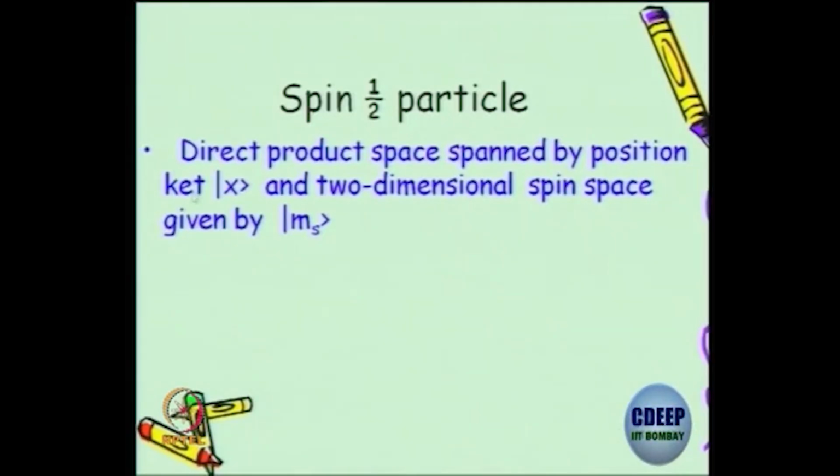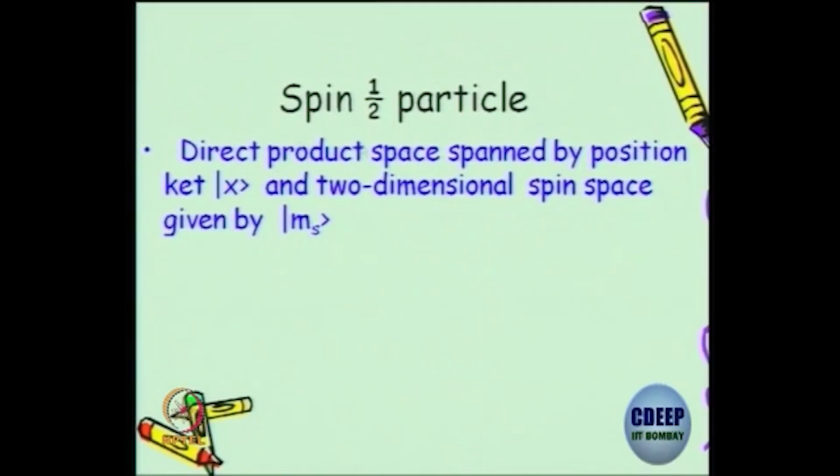So, in physical space you can either use a position basis or you could also use the angular momentum basis, orbital angular momentum basis. Okay. So, this is what we call a direct product space.